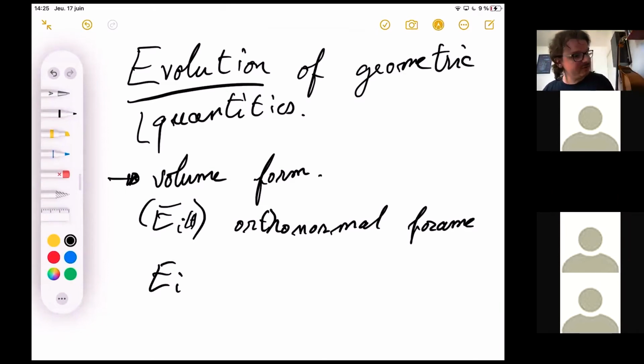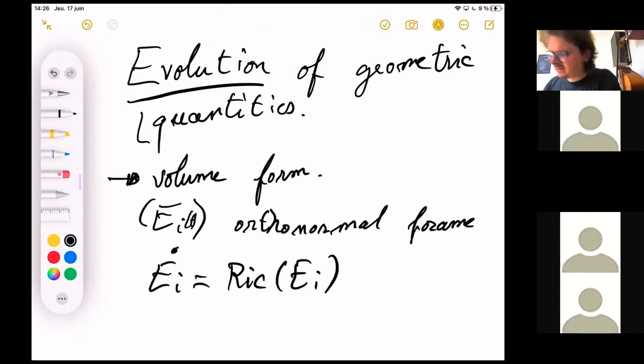This is reminiscent of what I was saying about Ricci solitons. Sometimes things look messy and don't evolve in a simple way, but maybe it's just because you have not looked at the right coordinate system. Here it's a similar idea. So assume that the time derivative of e_i(t) is given by just Ricci seen as an endomorphism of e_i.